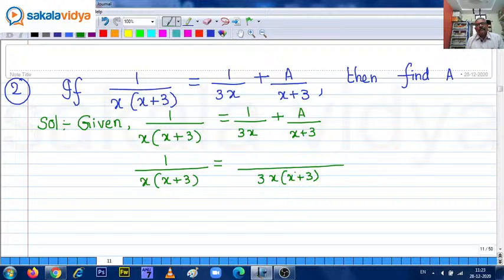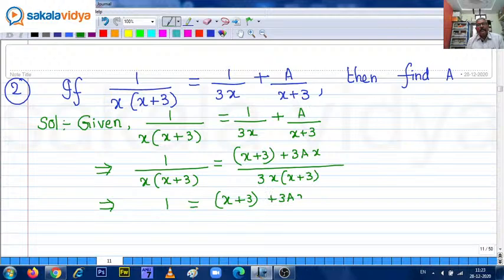So 3x times x plus 3 divided by 3x, 3x cancels, we have x plus 3, plus x plus 3 cancels, we have 3ax. So comparing the numerators, the denominators get cancelled. Very important step to be remembered here. x times x plus 3 cancels. So we have 1 equals x plus 3 plus 3ax upon 3.